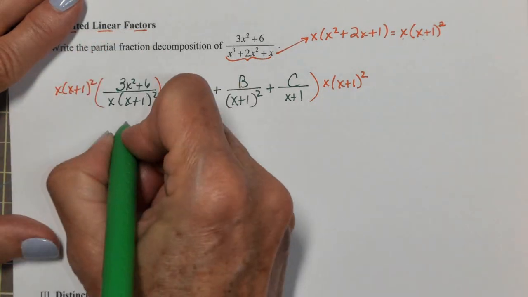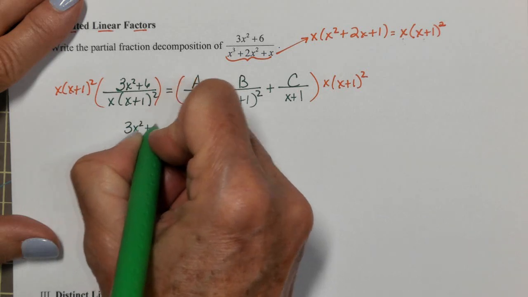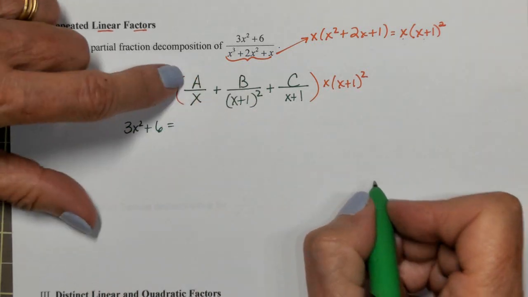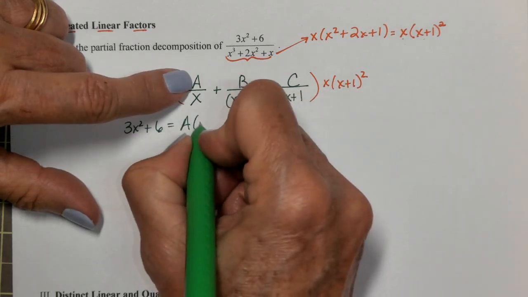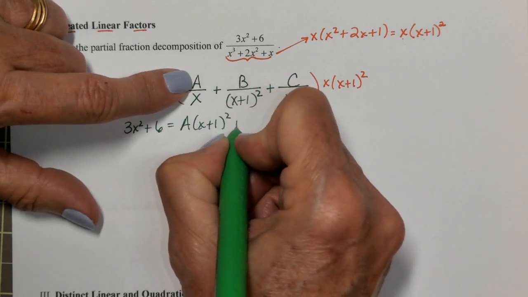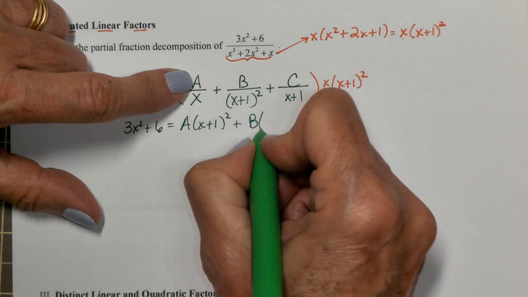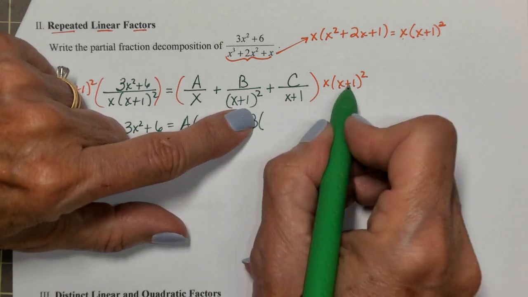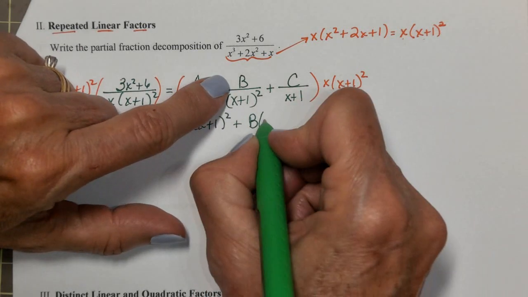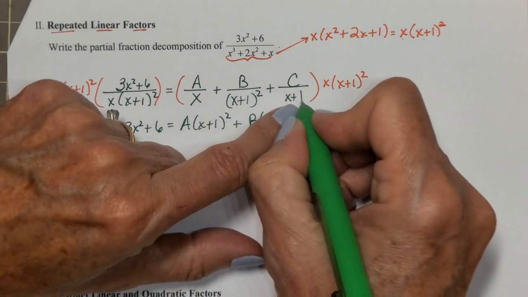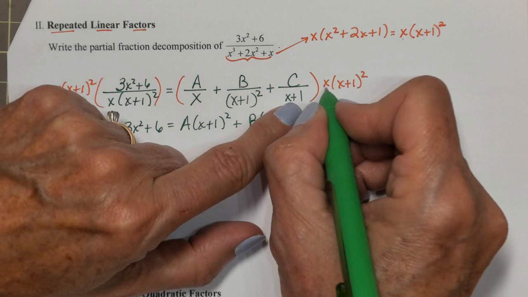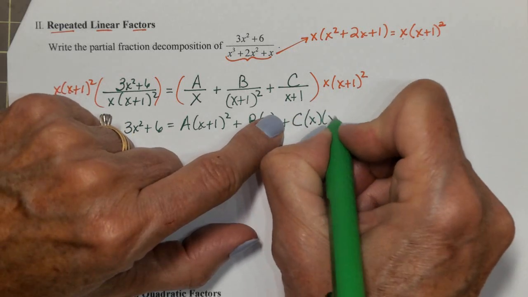And then I would get 3x plus 6 is equal to A times, the x's cancel, I'm left with x plus 1 squared, plus B times, the x plus 1 squareds cancel, I'm left with B times x there, plus C times, okay, one of the x plus 1s is going to cancel, I'm left with x times the other x plus 1.